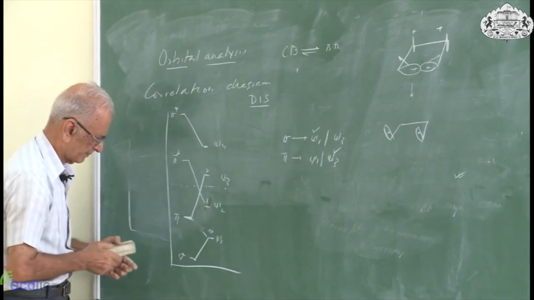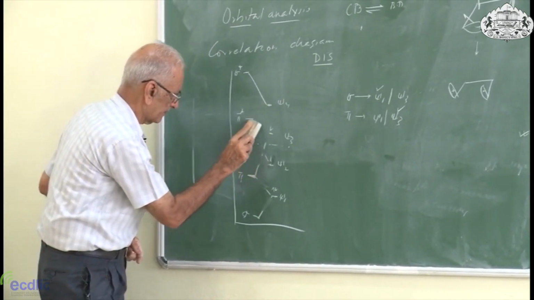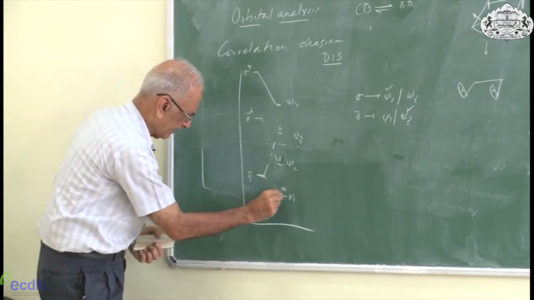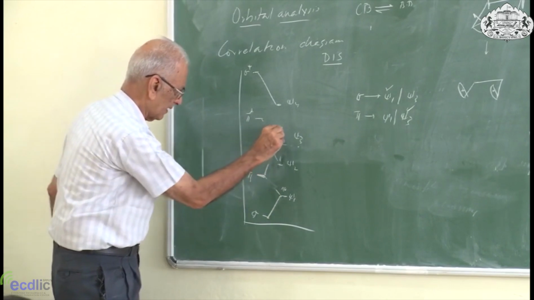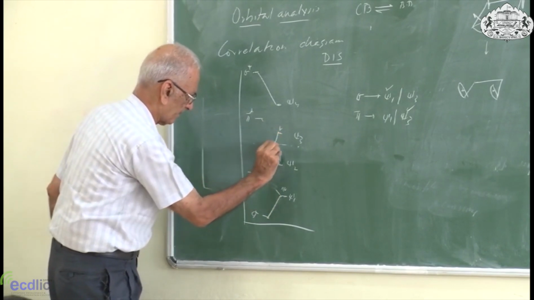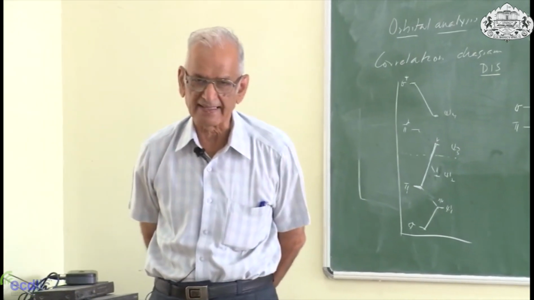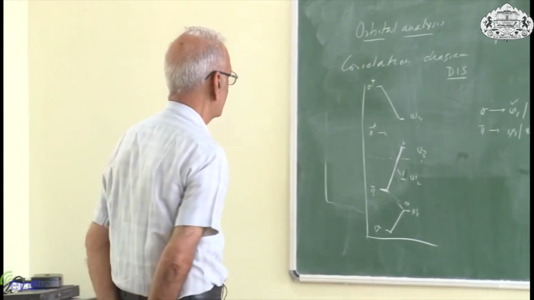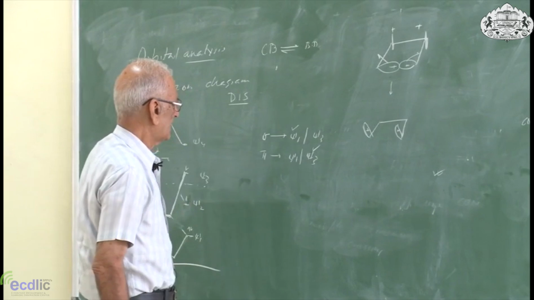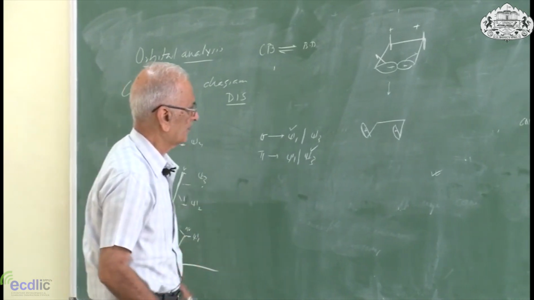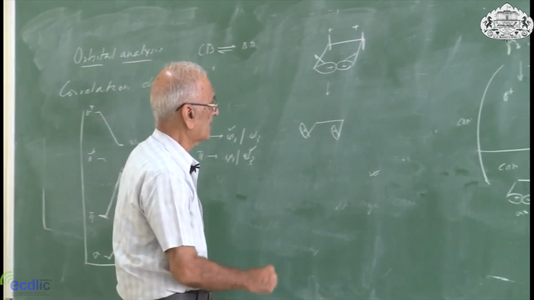So, let us rub this out. So, your sigma correlated with psi 1, your pi correlated with psi 3. As you will see, the picture is going to be exactly the same. Now, what is our next orbital? Pi star.